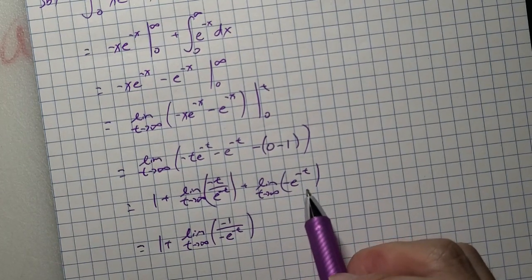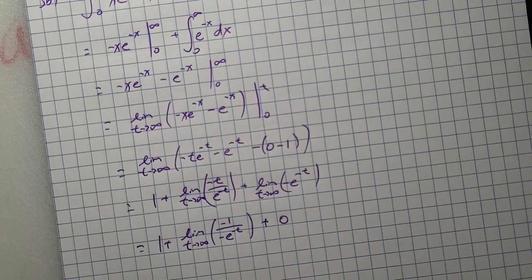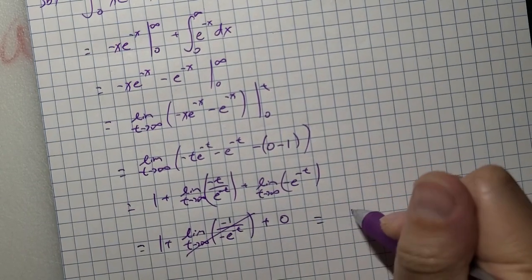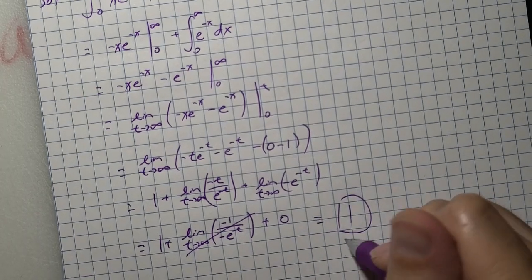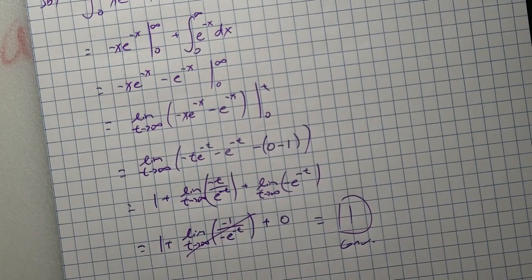E to the minus infinity is 0. So we get plus 0. And this guy, as t goes to infinity, also goes to 0. Okay? So we are left with 1. It converges to 1. Okay? That's how we solve this problem.